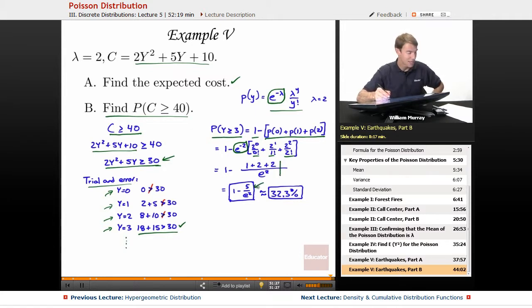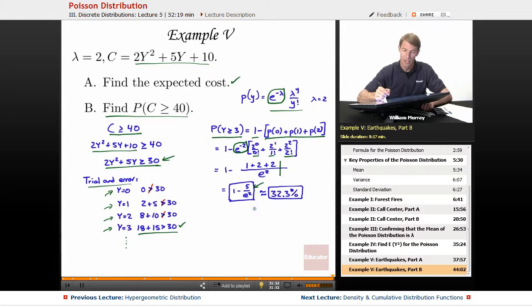That's my exact answer, 1 minus 5 over e squared. But I got a decimal approximation as 32.3%. So that's the probability that there will be 3 or more earthquakes in California next year. And in turn, that tells me the probability that my cost is going to go above $40 million in damages next year.